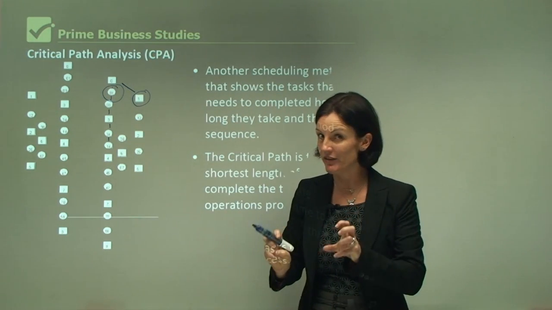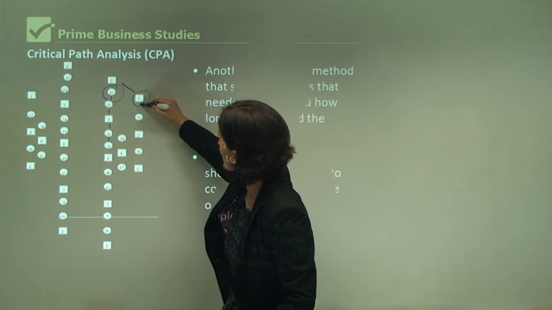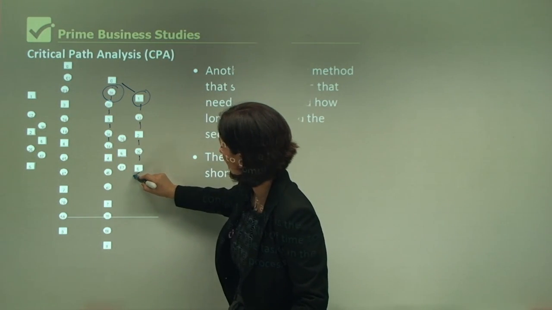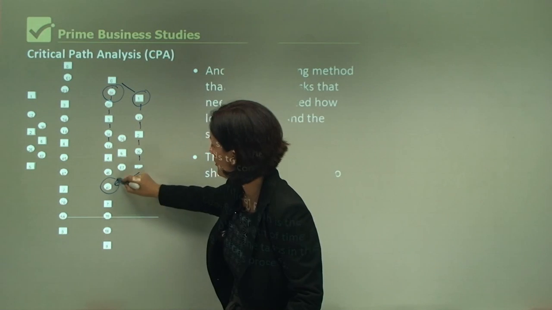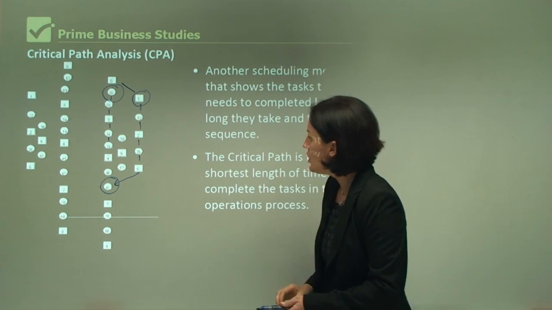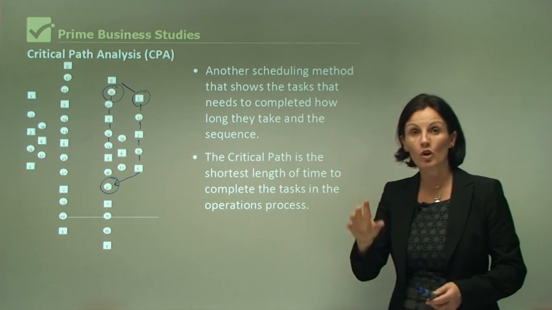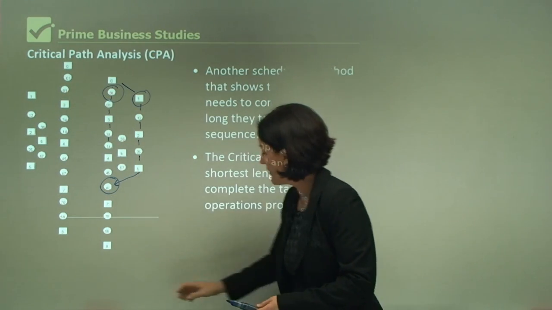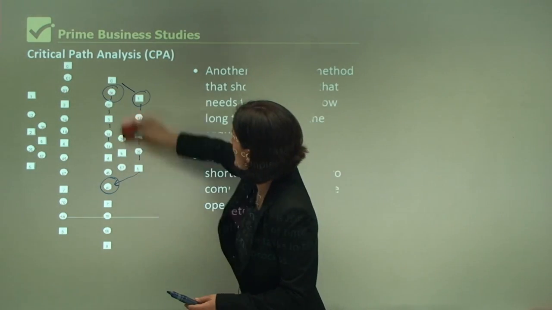So I'm actually saving time, and we can go along the same path here, and I now know I need that ready for that part of the process. So operations managers are always analysing to see how they can save time. And that's what we can see here in this diagram.